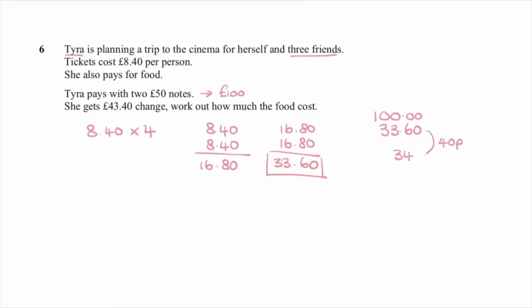And then to get all the way to 100, I would add 66. So when I've taken the tickets off, I've got £66.40 left. I've got to take the change off because that's what I'm getting back to put in my pocket. And when I do that, there is £23 difference, and that must be what the food cost.